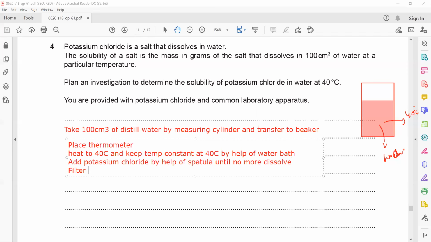But what we want is how much mass is added. So how can we know how much mass has been added? Yes, you can mention until the solution is saturated, or until excess potassium chloride is added. Filter to remove excess potassium chloride.